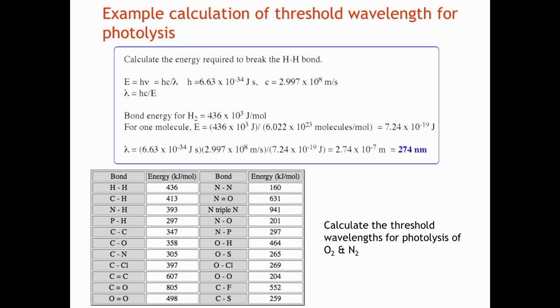For oxygen it is 240. 240? Yeah. The other one is twice the triple bond. So is it a triple bond? Yep, you're right.